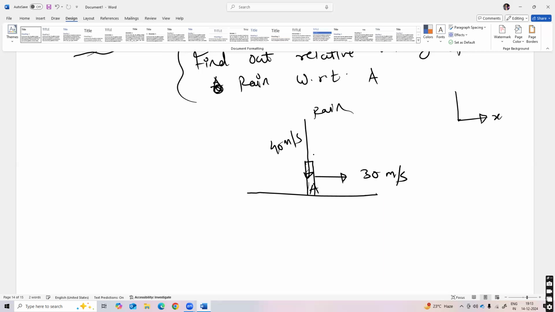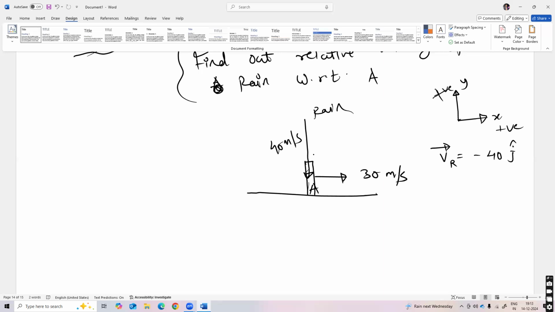Horizontal is x, vertical is y. Let's say upward is positive y and the right side is positive x. Rain is moving downward at 40 meter per second. Let Vr be the velocity of rain. The unit vector in the x direction is i and in the y direction is j, so you can simply write this as minus 40 j, because it is in the y direction and also downward.